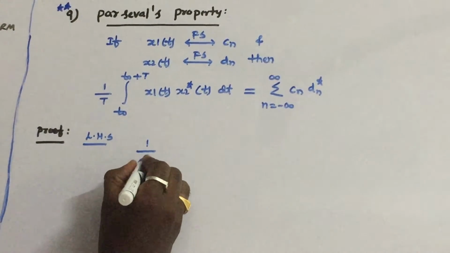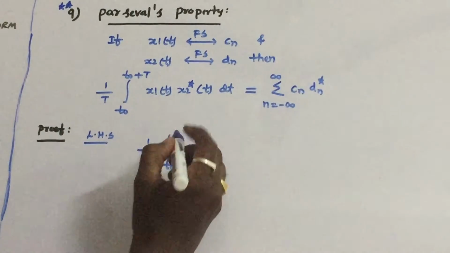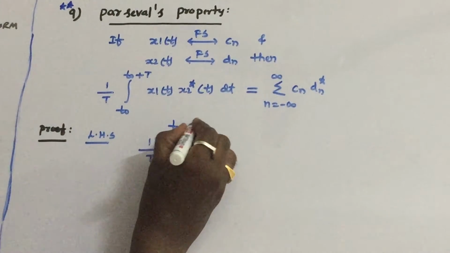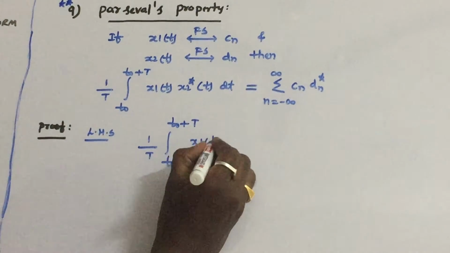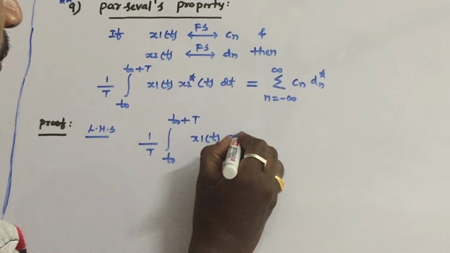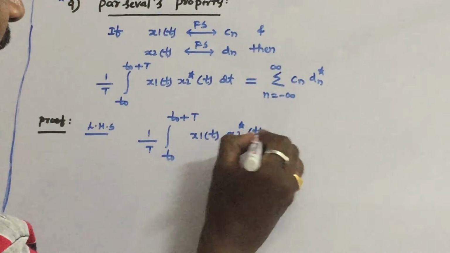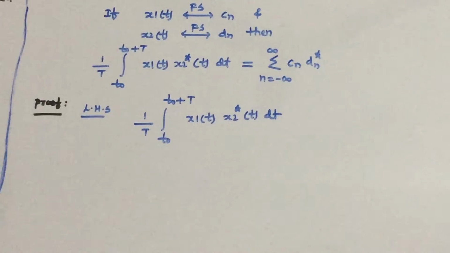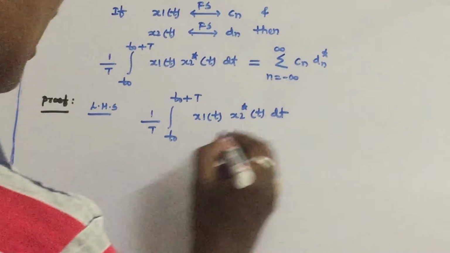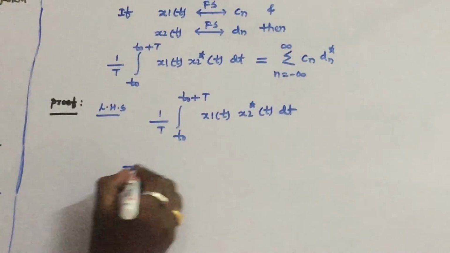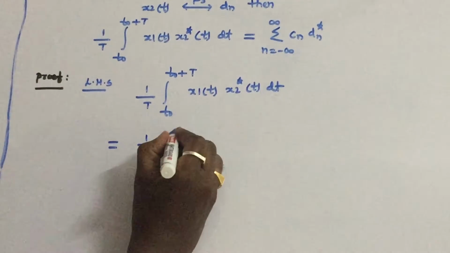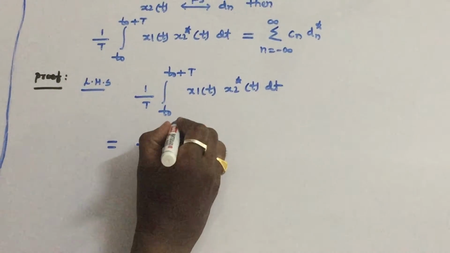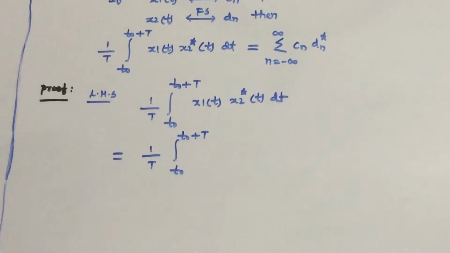So 1 by T integral t0 to t0 plus capital T x1 of t into x2 star of t dt. So this is written as, keep 1 by T outside, integral t0 to t0 plus T. What is x1 of t?